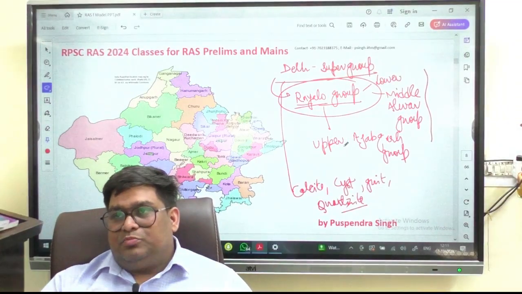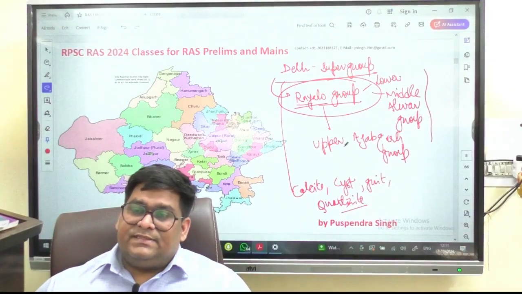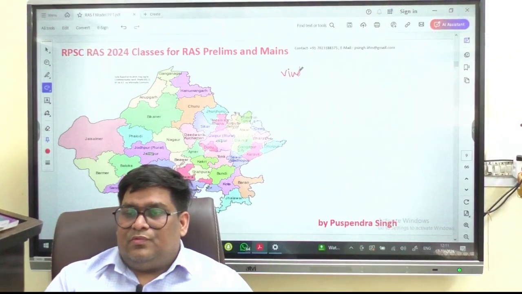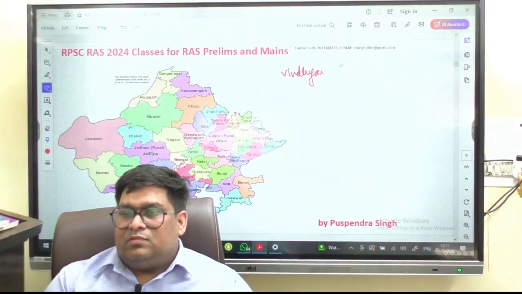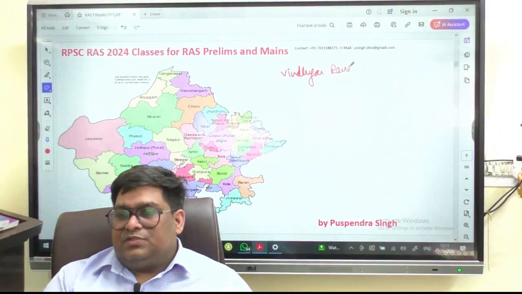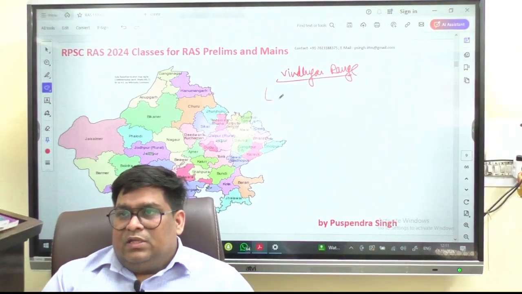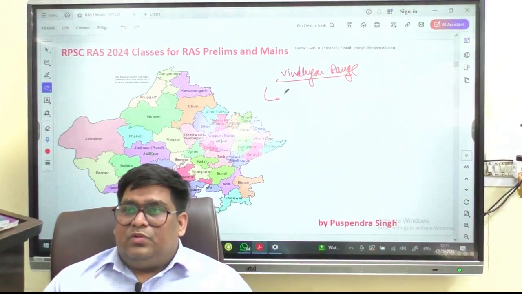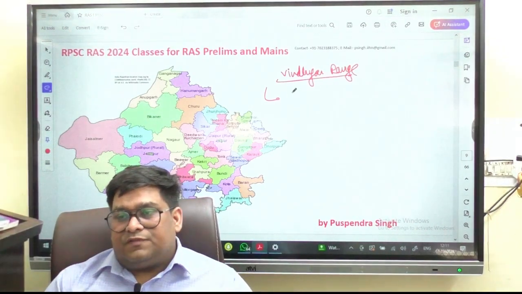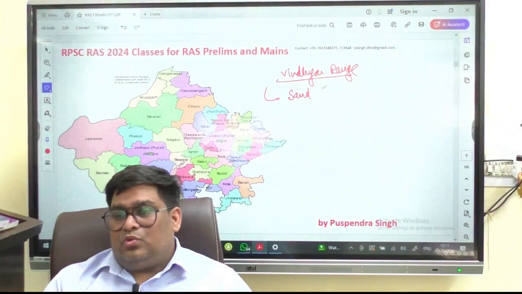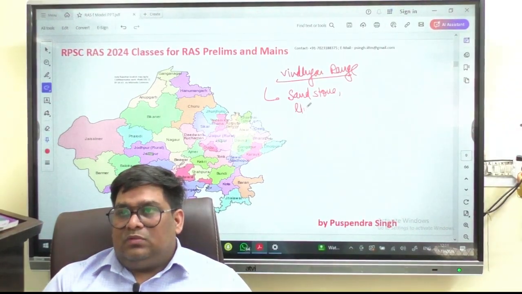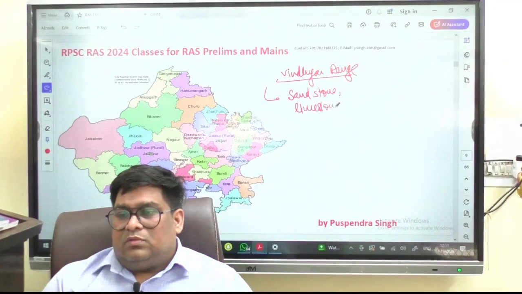Let's move to the new one, that is the Vindhyan range. Here the most predominant rocks are sandstone and limestone.